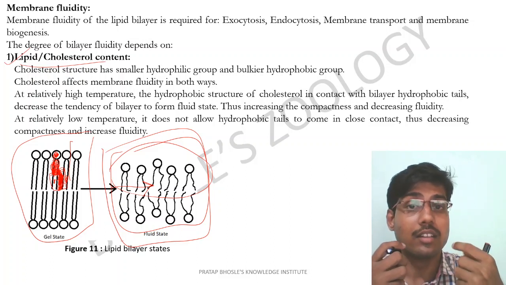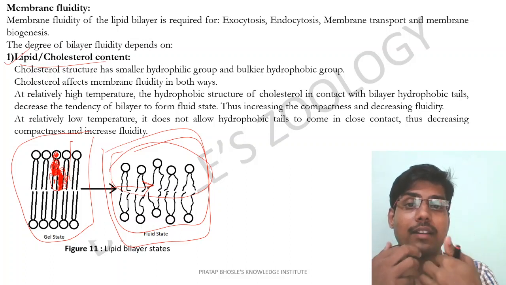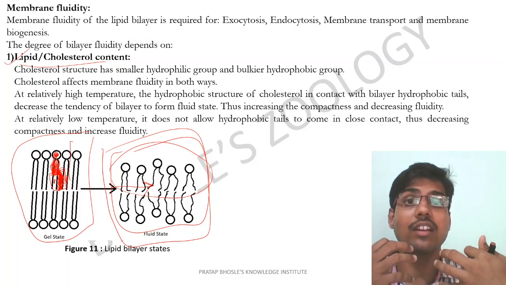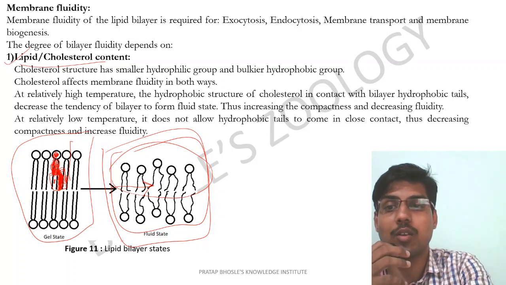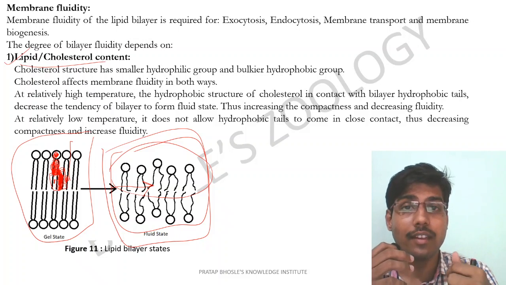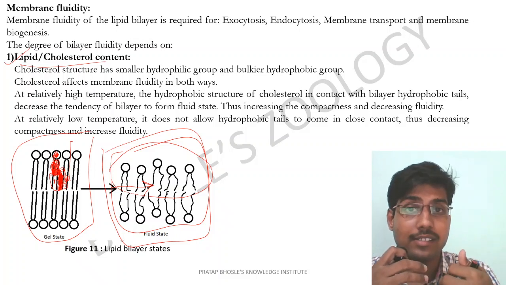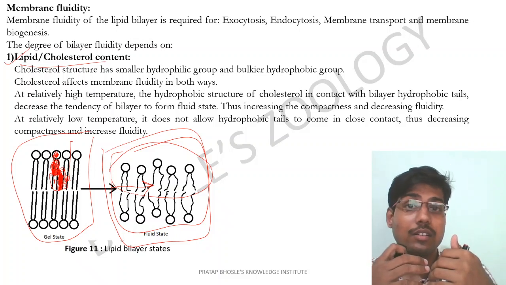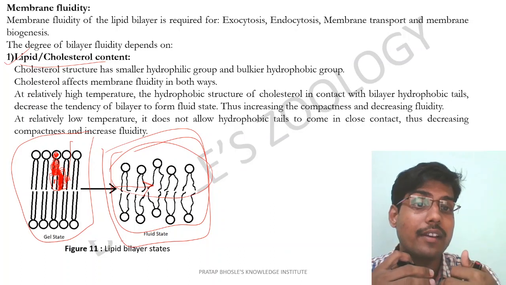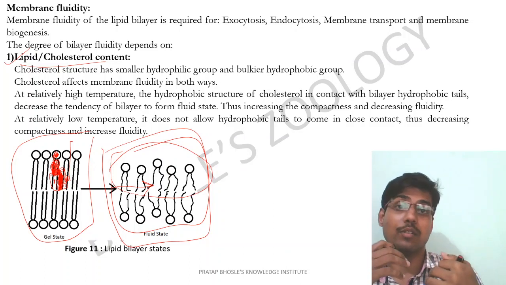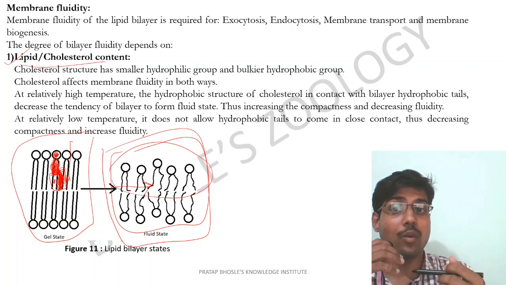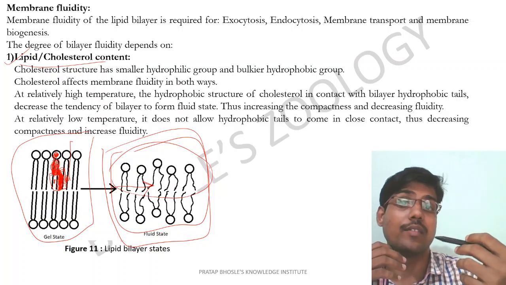The cholesterol gives a kind of compactness to it, right? So that's why it increases the compactness of these hydrophobic tails. Because of this increased compactness, it also decreases the fluidity of the membrane. So that's how the cholesterol functions at a relatively high temperature.